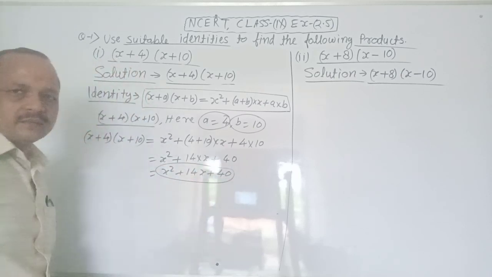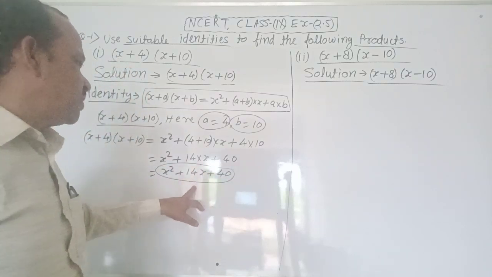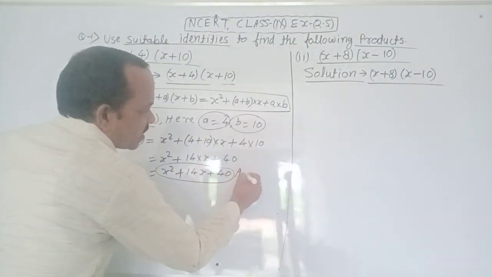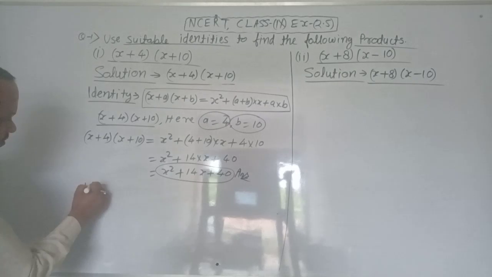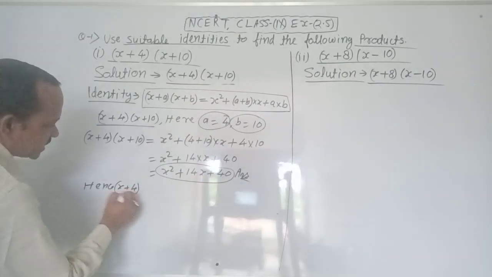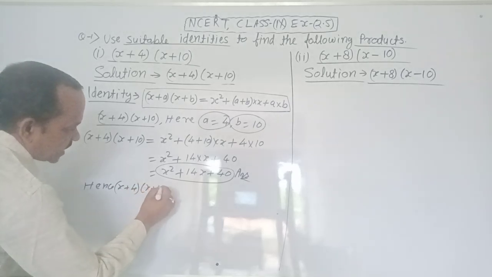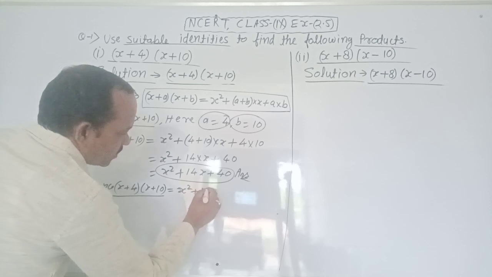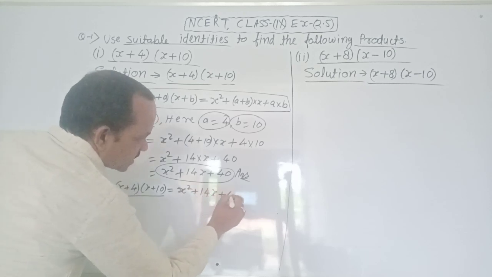You find x square plus 14x plus 40. It is your answer. Hence x plus 4 in first brackets, x plus 10 in second brackets equals x square plus 14x plus 40.